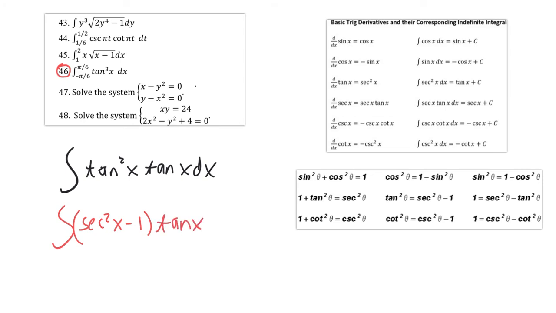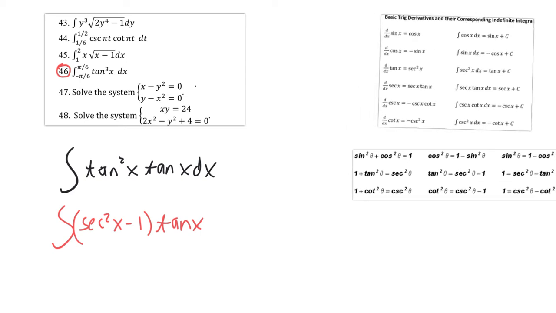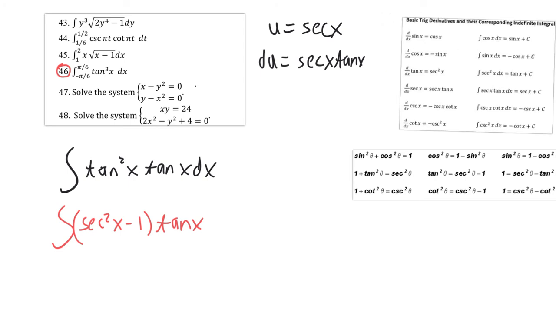Now, at that stage, we are able to set u equal to secant x, and then the derivative of that would become secant x tan x dx. And therefore, dx is equal to du over secant x tan x.